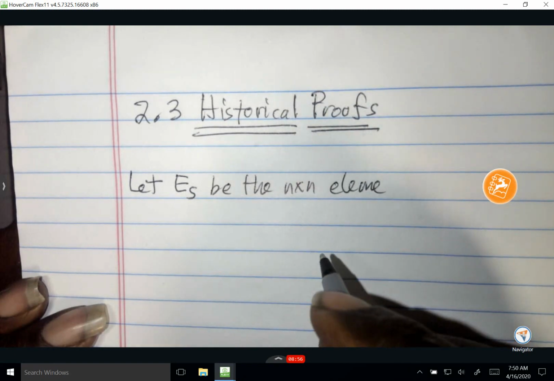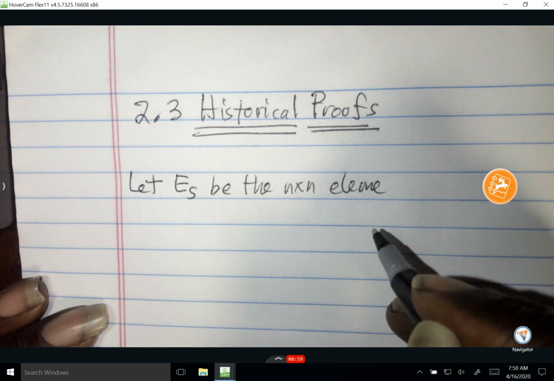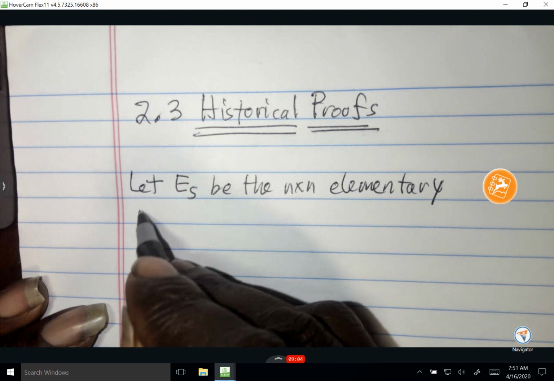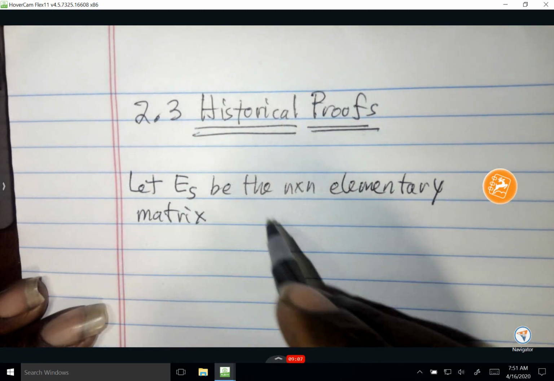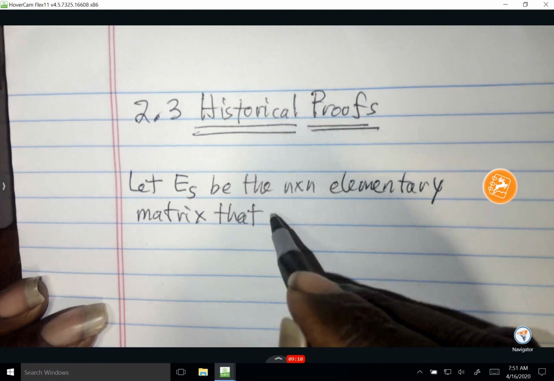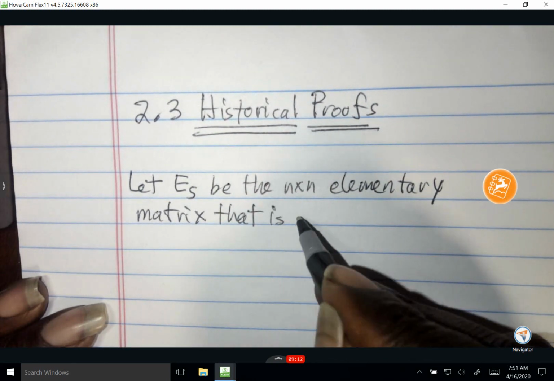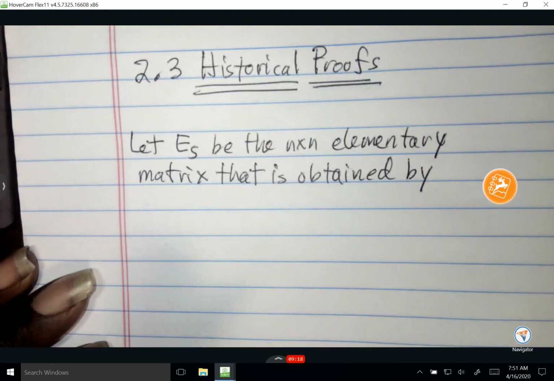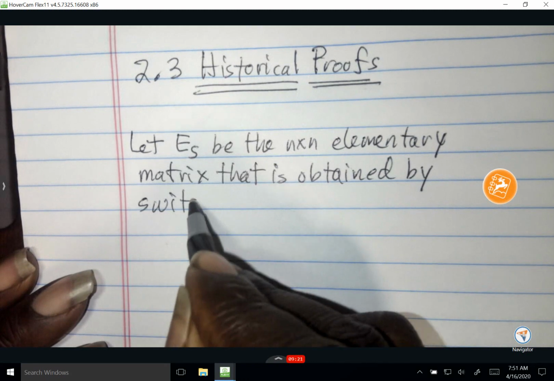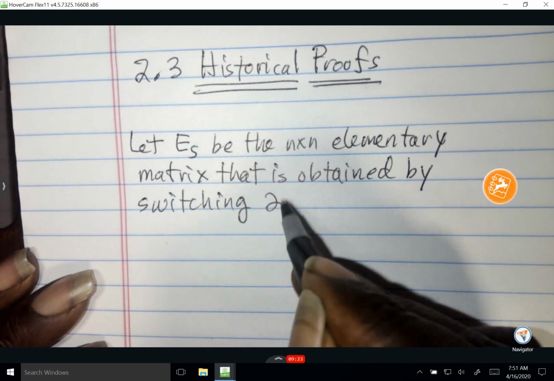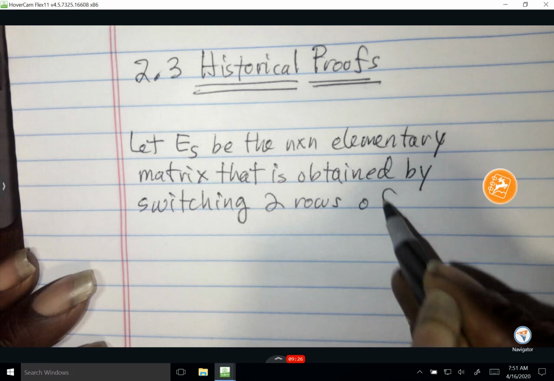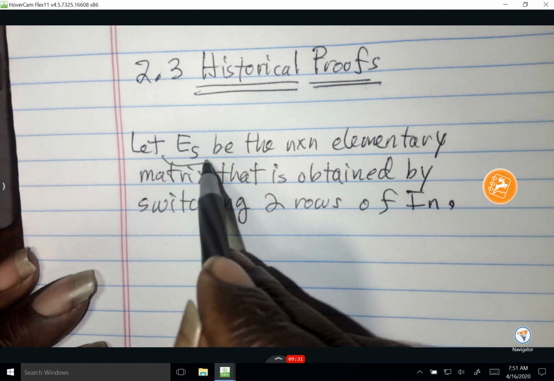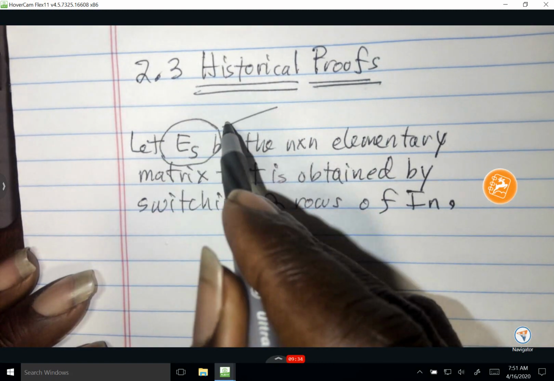Some people forgot what an elementary matrix is, back in 110: the elementary matrix that is obtained by switching 2 rows of I_n. So you've got to remember, from now on, I'm going to call it ES for E-switch.